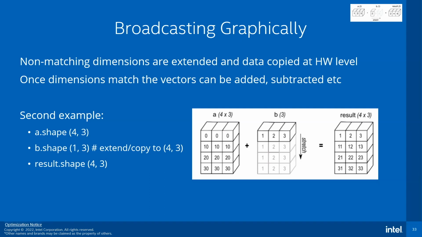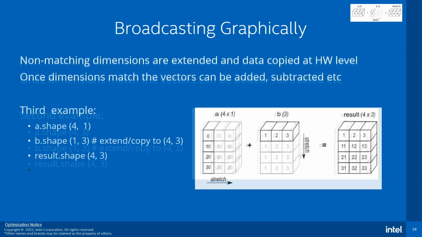In your mind, you're going to have repeat copies, and it's not going to consume the memory space and that kind of thing, because there are underlying SIMD things that will do this for you. But conceptually, you have this duplication of the 1, 2, 3 vectors, and now their dimensions are the same. 4 by 3 and 4 by 3, you can add those two and you get the result. And so this is the idea of broadcasting.